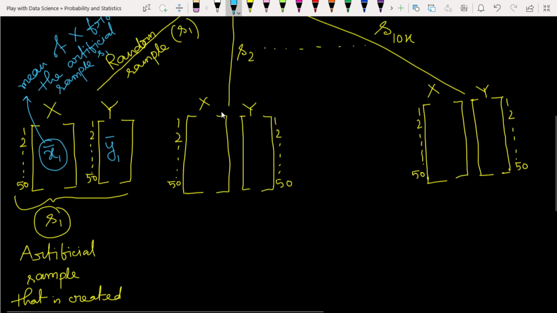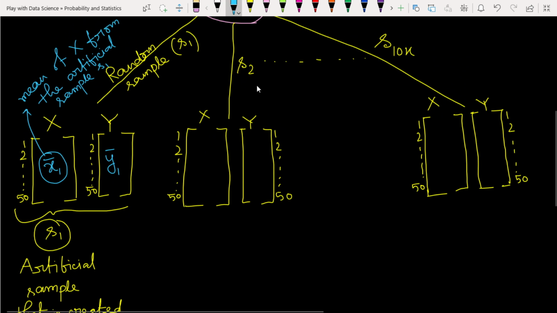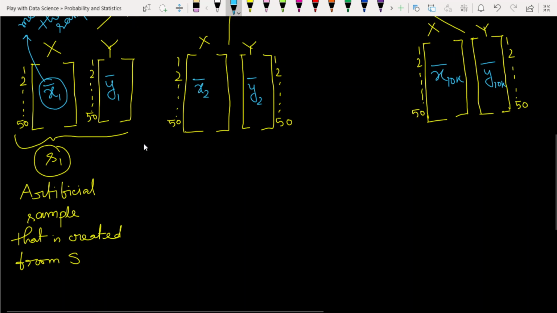Similarly for the artificial sample S2, suppose we got the mean x2 bar and y2 bar. Similarly, up to x10k bar and y10k bar. Now we have calculated each mean, and after that we will find the difference.